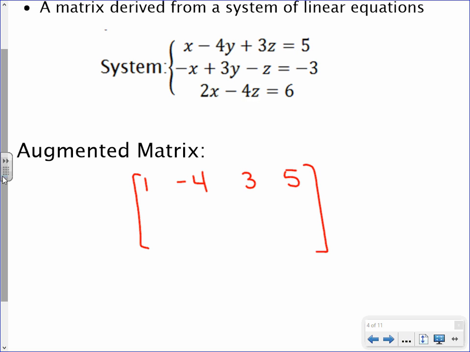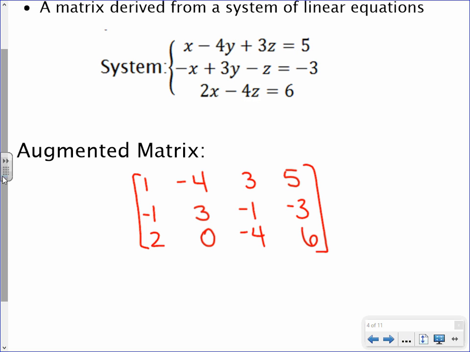Our second row is going to be -1, +3, -1, -3. And our last row is going to be 2, 0, -4, 6. Okay?